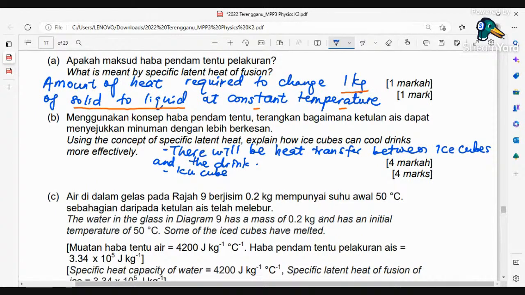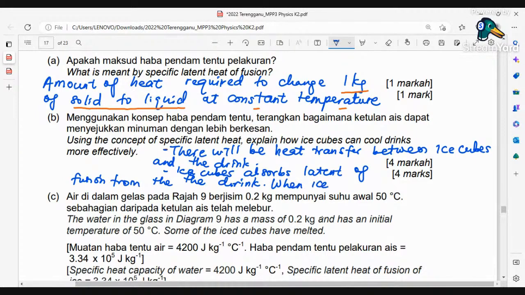Ice cubes absorb latent heat of fusion from the drink when ice melts.